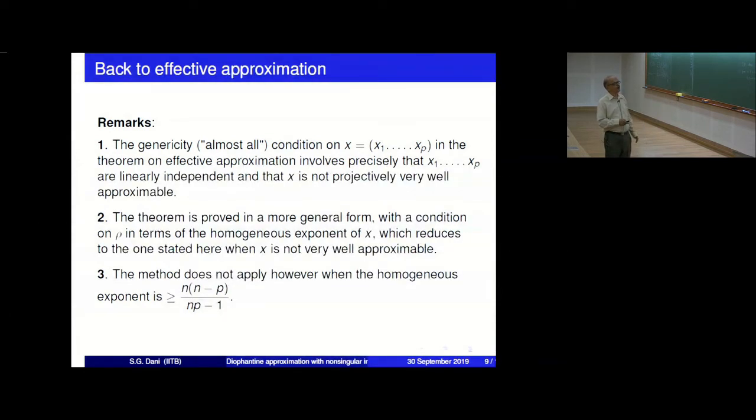Nevertheless, it's not for all n-tuples, or not even all linearly independent p-tuples. The method does not apply when the homogeneous exponent happens to be greater than this. For those for which the exponent is between (n minus p) by p and this, there will be a certain result, but beyond this the theorem doesn't say anything.